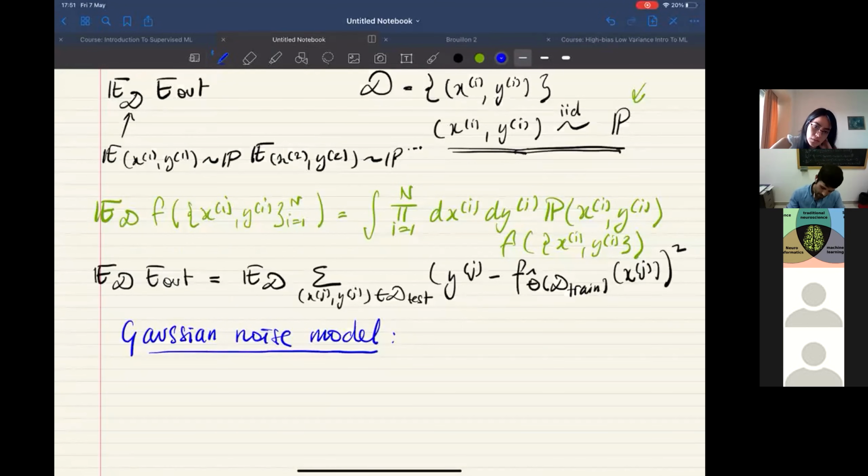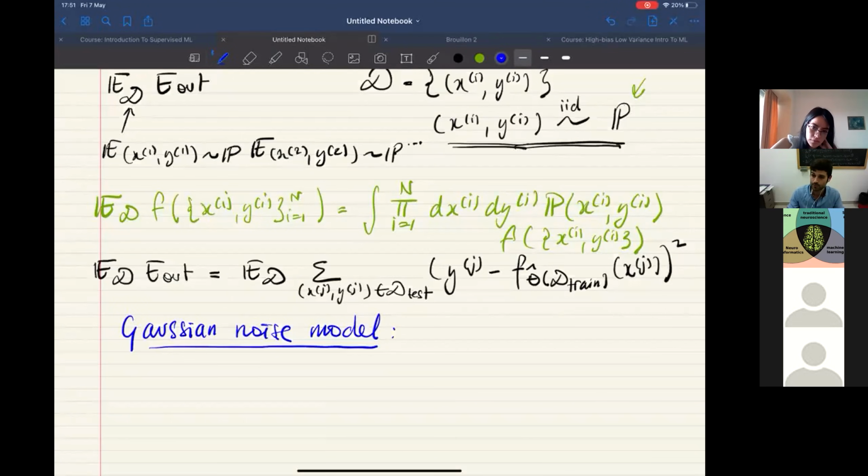What does it mean? It means concretely that the relation between the inputs and outputs can be written in this form. There is a true function, so I could write true here, but let me skip. I will keep it maybe at the moment.